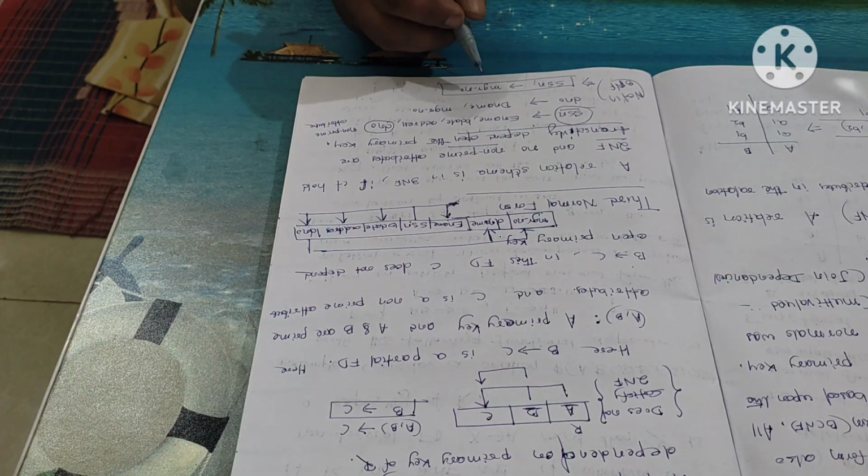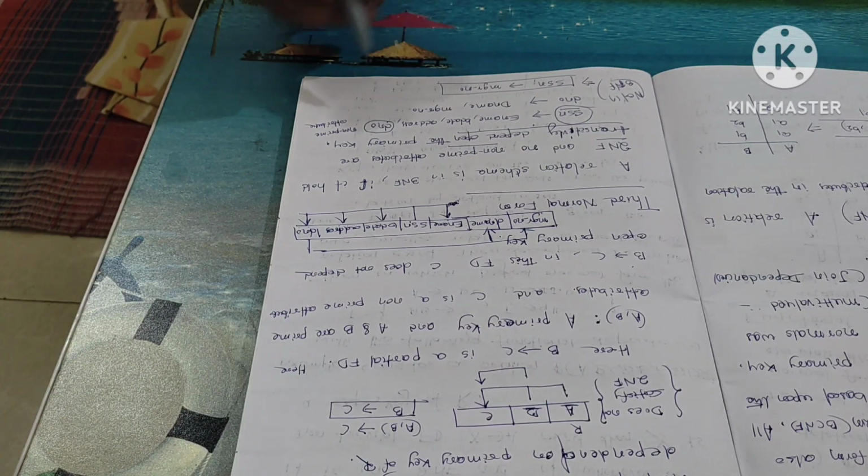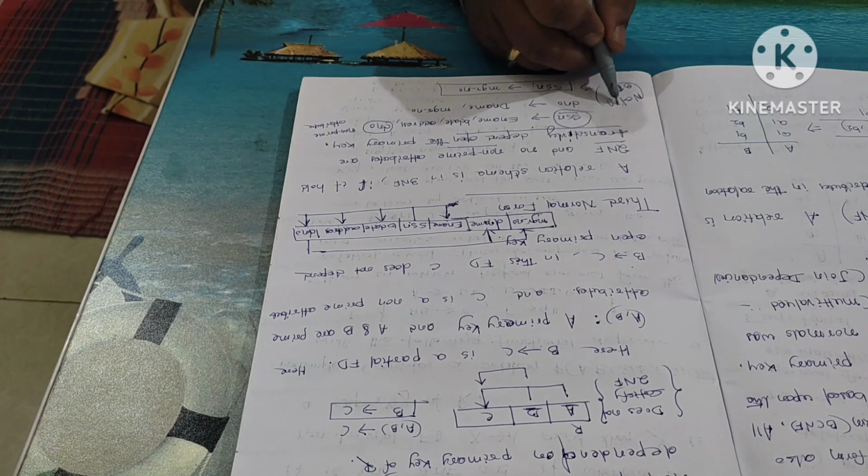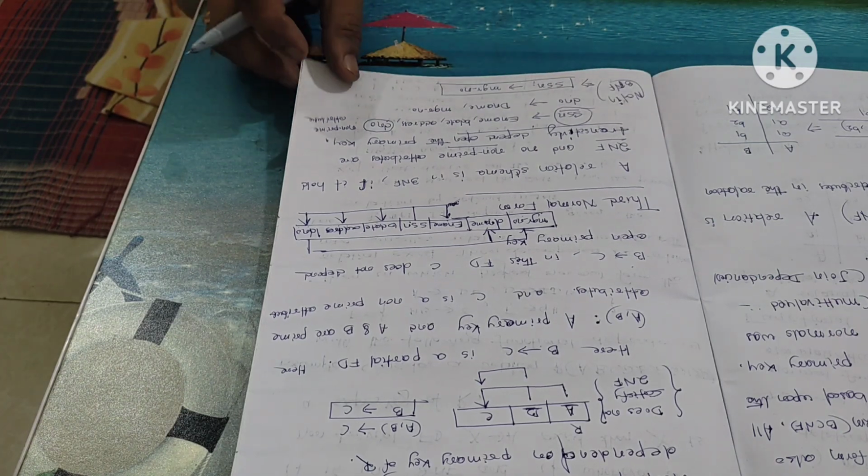So here there exists a transitive dependency upon the primary key SSN. SSN determines MGR number. So it is not in 3NF.